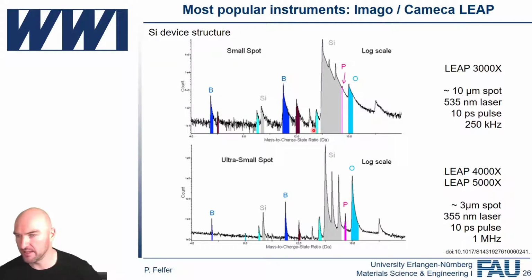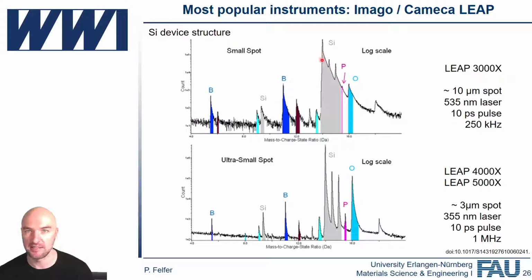And here we see the difference between different instrument generations from Cameca, for example, where you have a LEAP 3000 where you had, first of all, a larger spot. So you put in more energy in total. Of course, if you shrink your spot, you also put in less energy in total. And a longer wavelength on a, I think, 10 picosecond pulse.